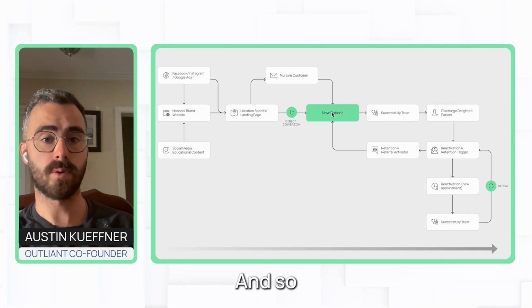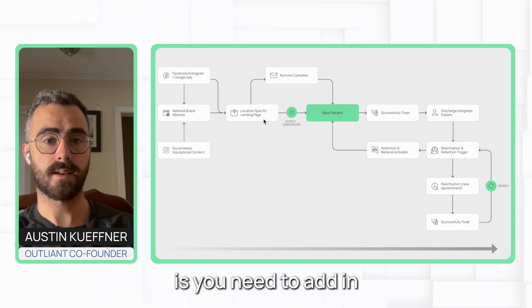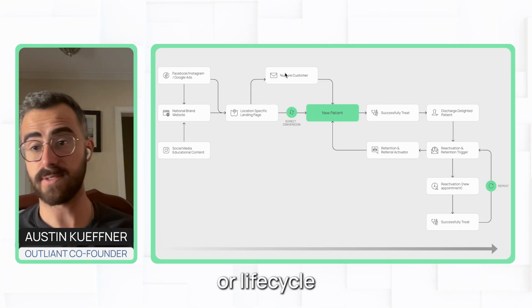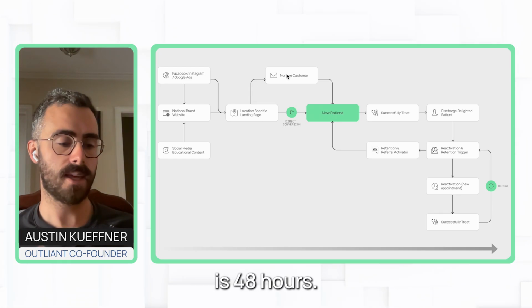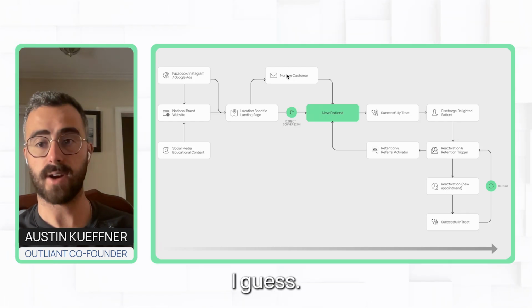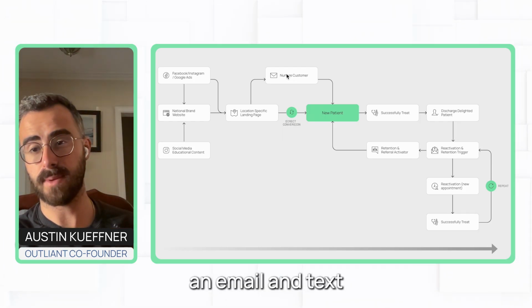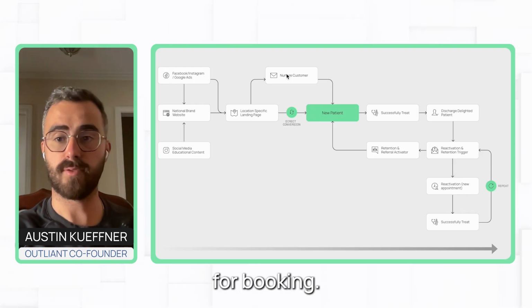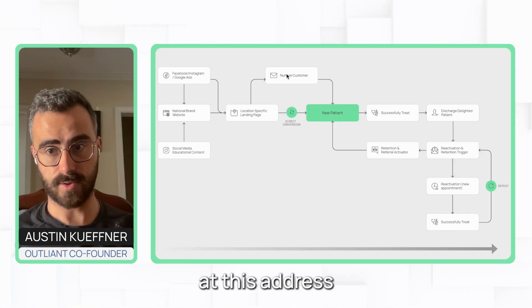And so what you need to do is add in nurture emails or lifecycle marketing. Essentially, what this looks like is right when somebody books, you send them an email and text saying, hey, thank you for booking. Here is your appointment with this doctor at this address.